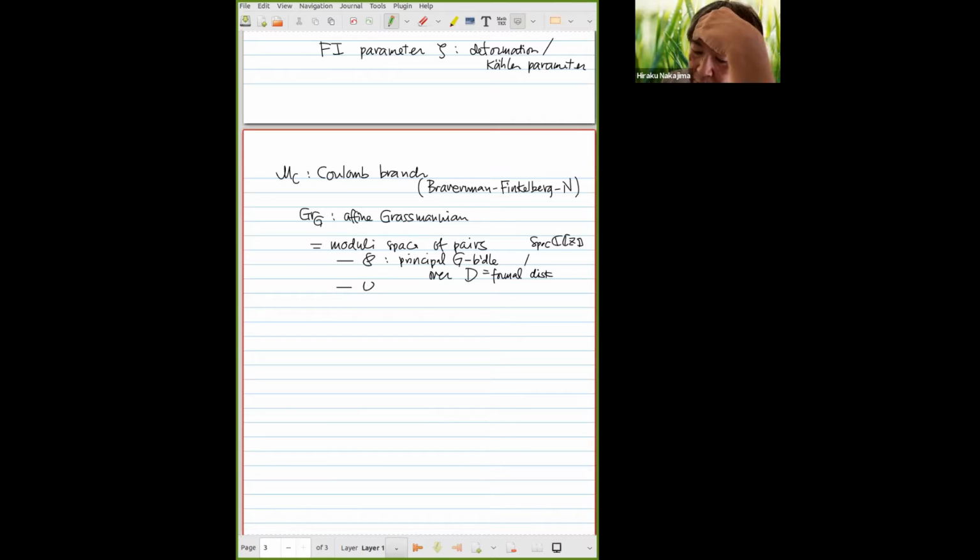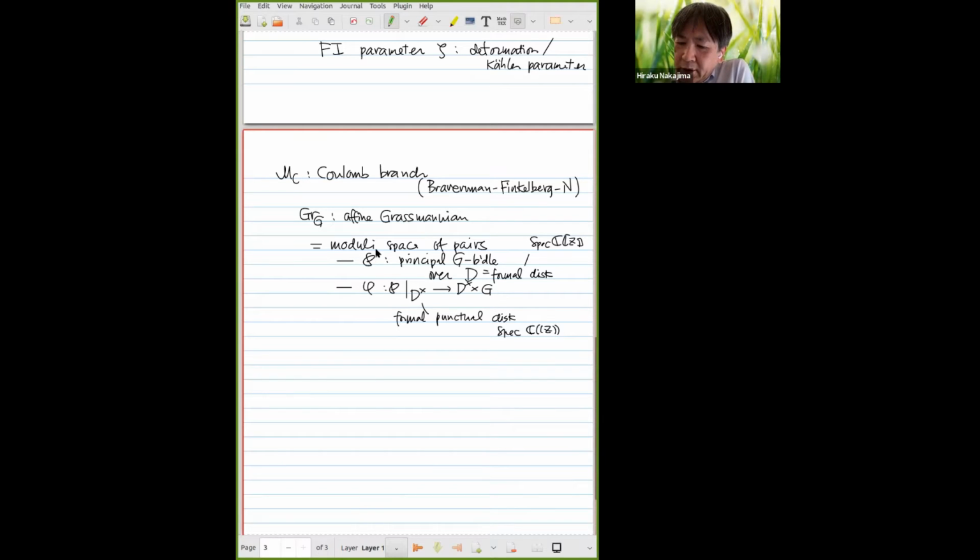The second ingredient is phi, a framing, which is a trivialization of this bundle P, but not on the whole disk, only on the formal punctured disk D times, the spectrum of formal Laurent power series.